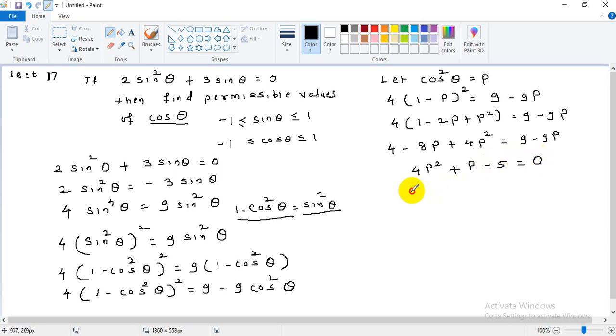So factorization: 4p squared, we can say plus 5p minus 4p, that will be p, and minus 5 is 0. So what does that mean? I can take p common, so it will be 4p plus 5.